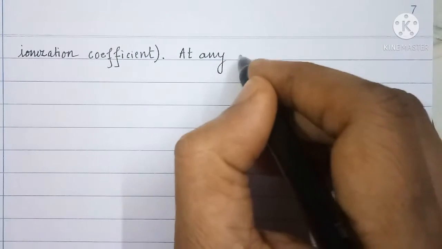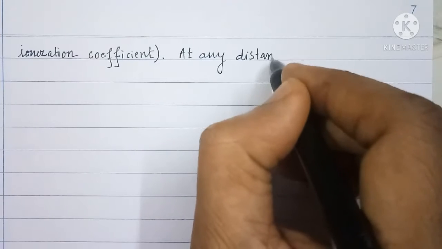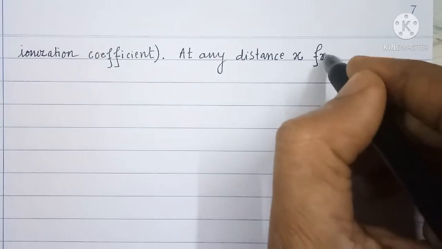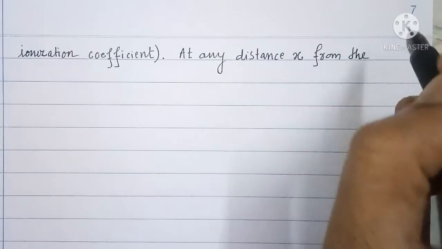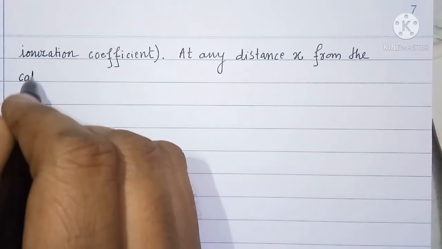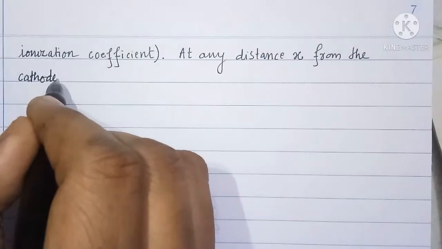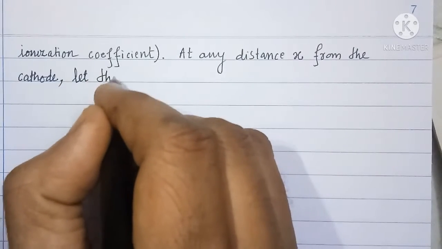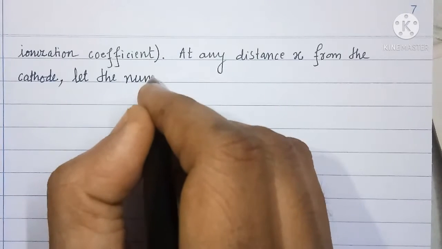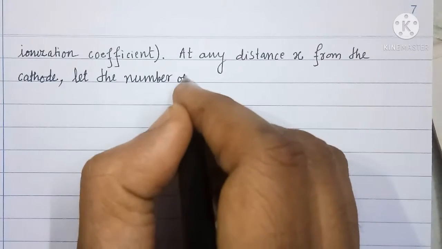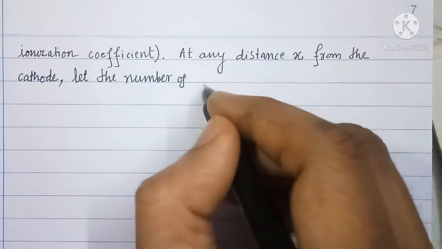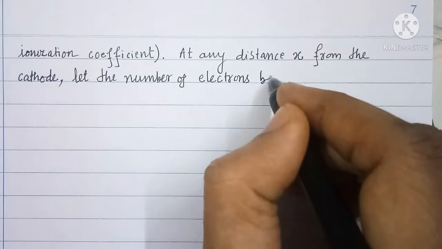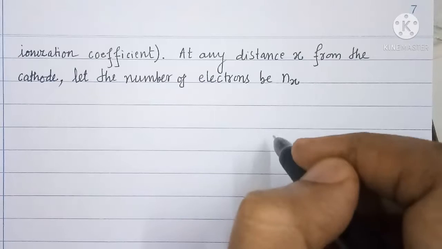At any distance x from the cathode, let the number of electrons be nx.